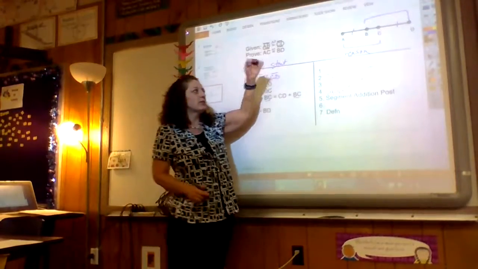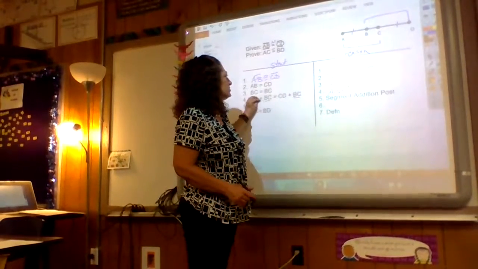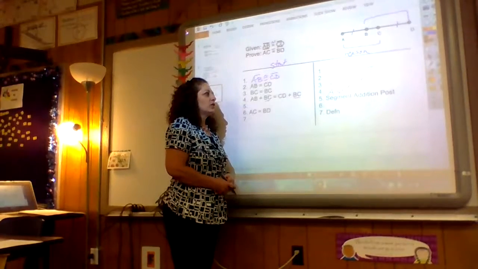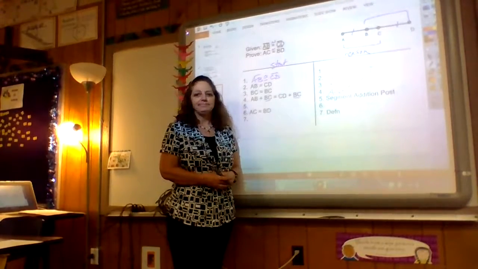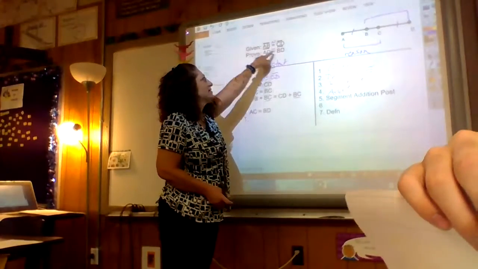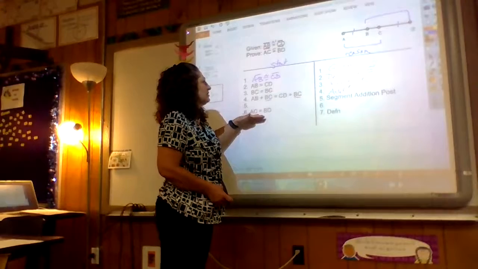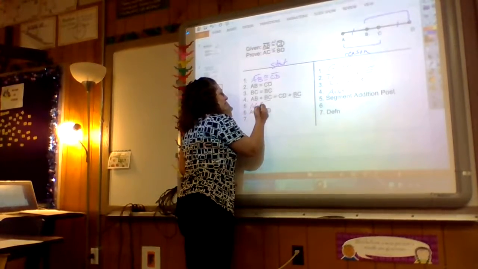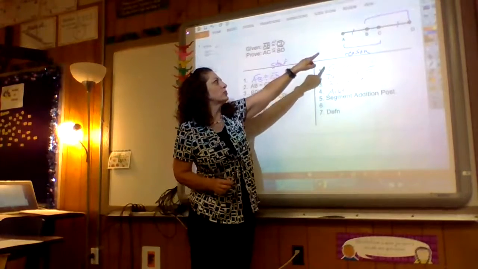Okay, kind of like we did with the numbers, 5 plus that 2. So this is my 5 plus 2 part numerically. Okay, segment addition postulate. What does that look like? Well, so far I need to get AC and BD in here. I'm trying to get to that statement, but I don't have them. But segment addition, what can total AC?